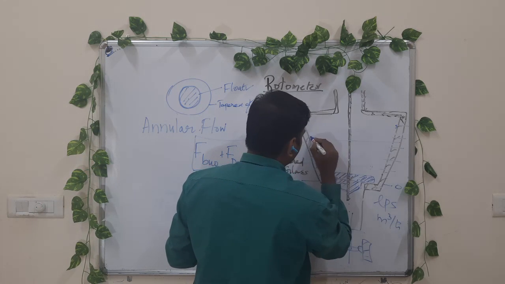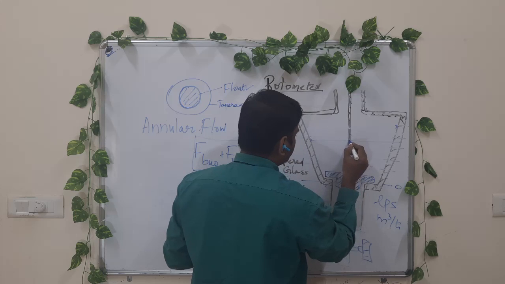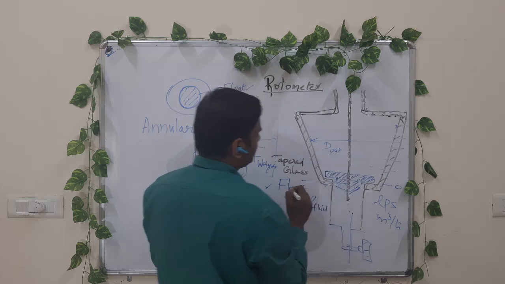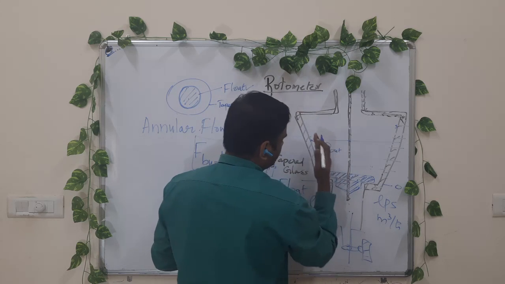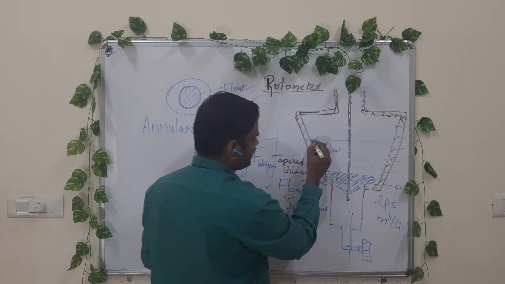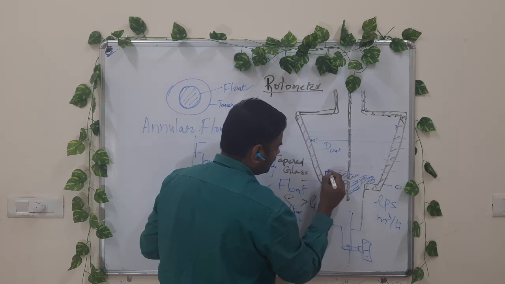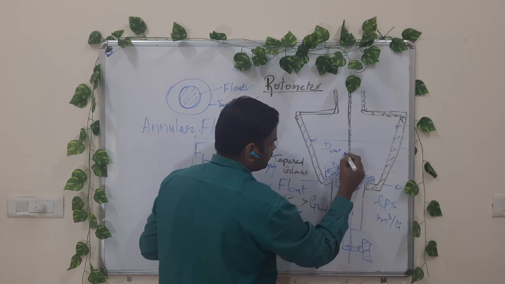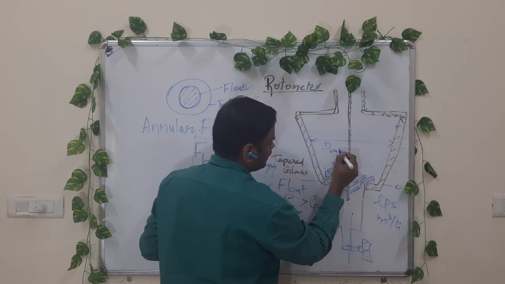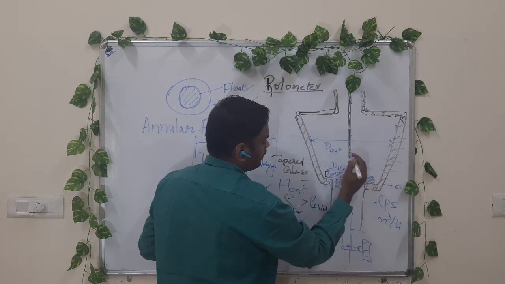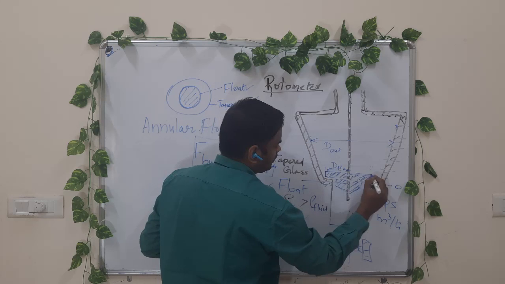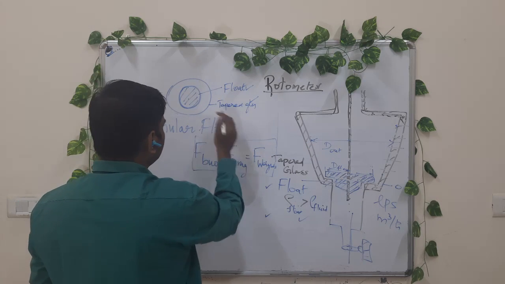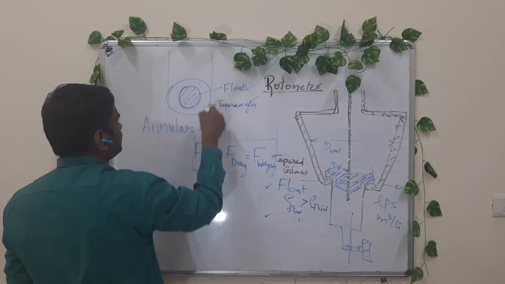At this position there is a diameter, let me say d outer, the diameter of the tapered glass. So here to here it is the diameter of the tapered pipe, and this is the diameter of the float. So we have two diameters. One is the diameter of the float.